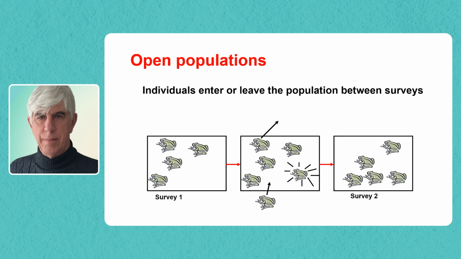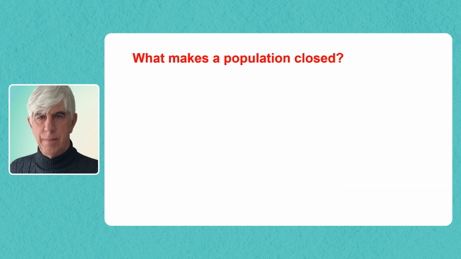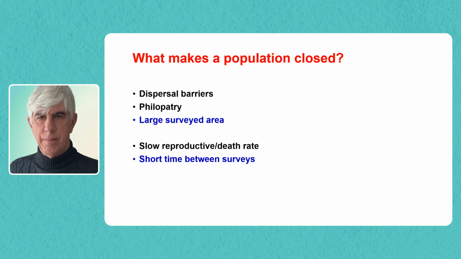Instead, an open population is one in which individuals leave and new individuals enter, so it's much more difficult to make an estimate. There are a number of different reasons for which you can have an open or closed population.